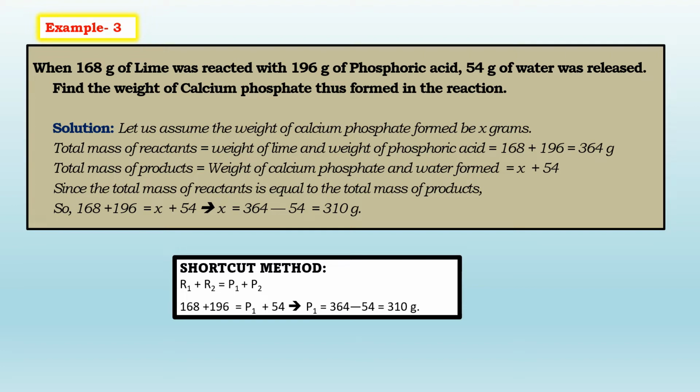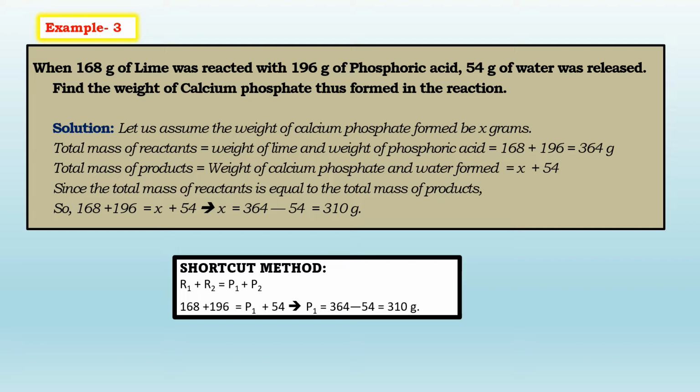Solution. Let us assume the weight of calcium phosphate formed be x gram. Total mass of reactant is equal to the weight of lime plus the weight of phosphoric acid, that is 168 + 196 gram, that is 364 gram. Total mass of product is equal to the weight of calcium phosphate and water formed, that is x + 54.